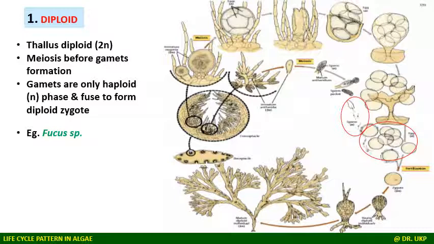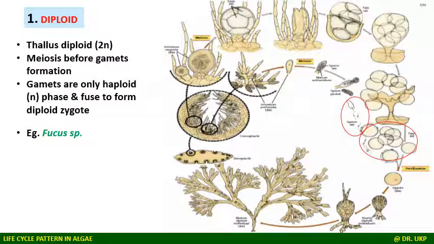So in this Fucus, the thallus body is diploid. That is, in its cells they have a double number of chromosome sets. That's what we call diploid. So the thallus body is diploid.